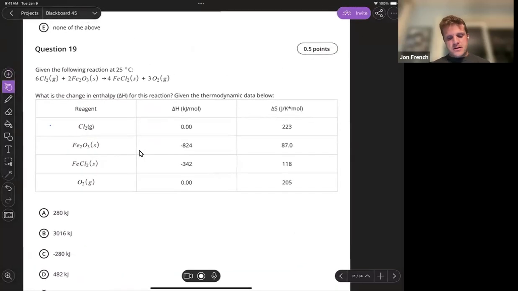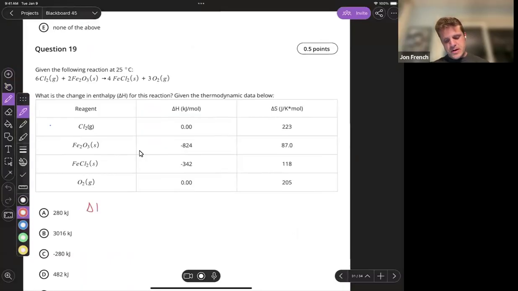So here we're going to do the same calculation for a delta H. All right, so my delta H equals the sum of my products minus the sum of the enthalpy of my reactants. This one's a little bit easier because a few of these are 0, which saves us a little bit of writing.